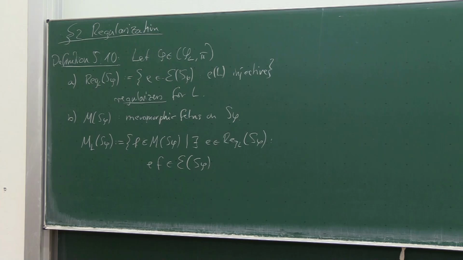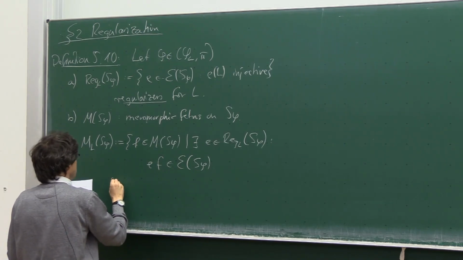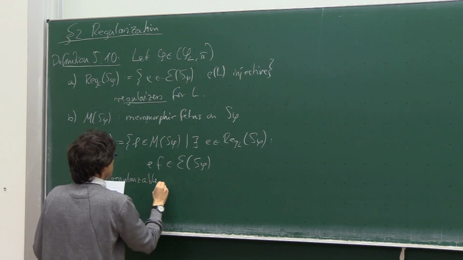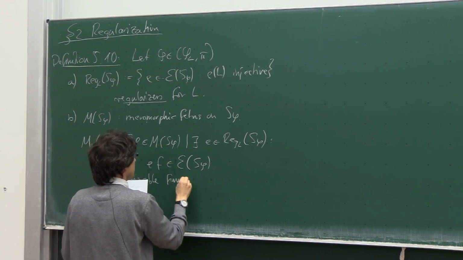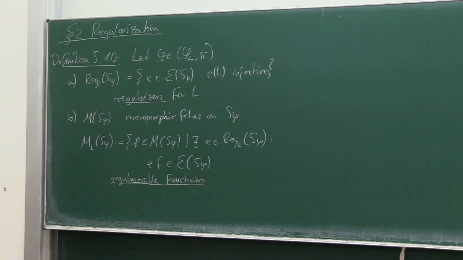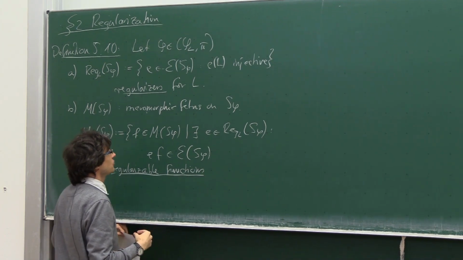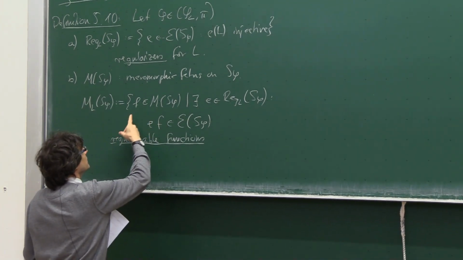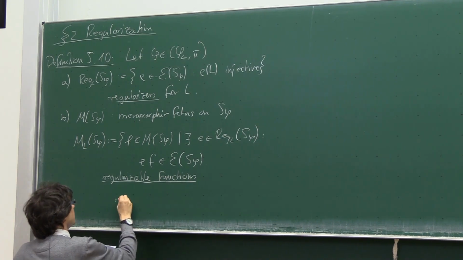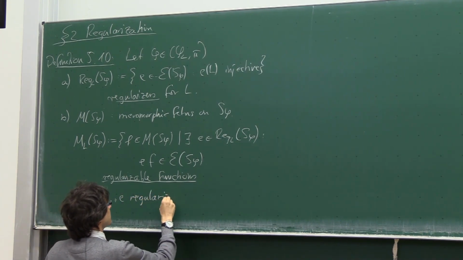So this is the set of regularizable functions: those functions which you can multiply by a regularizer and end up in the Dunford-Riesz class. If E times F is in the Dunford-Riesz class, we also say that E regularizes F.